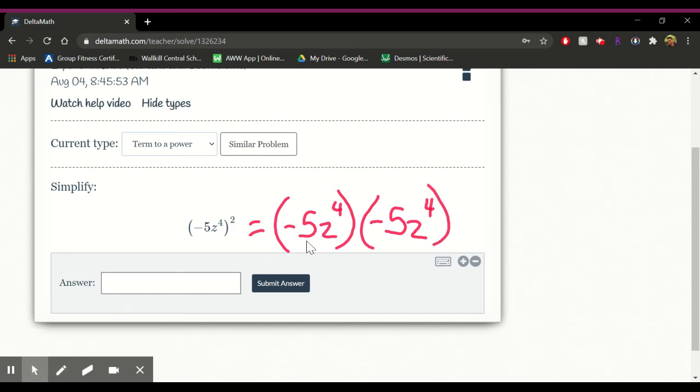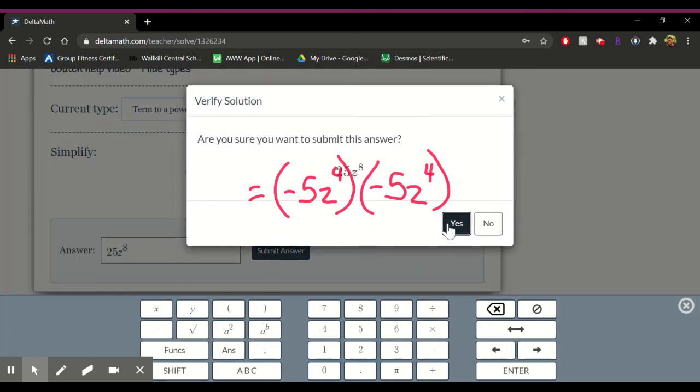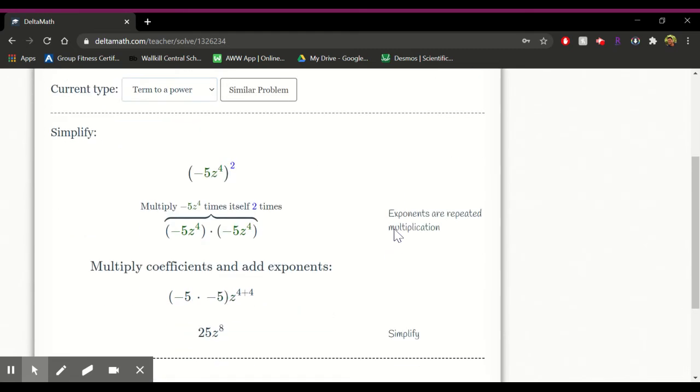Multiply the numbers out in front. Negative 5 and negative 5 is positive 25. Z stays the same. Add the exponent. 4 and 4 is 8. Okay. Submit. Yes. All right. Good.